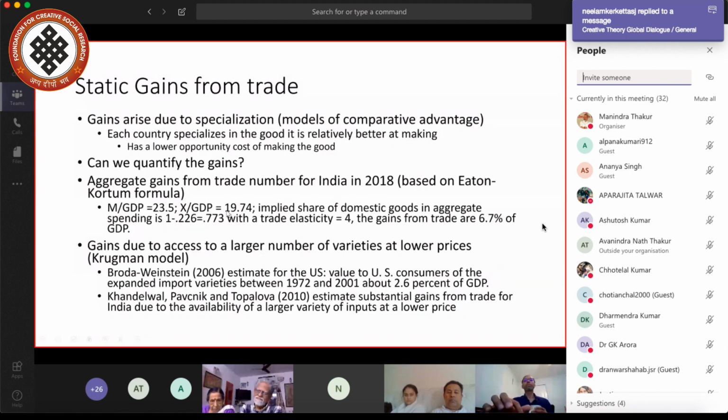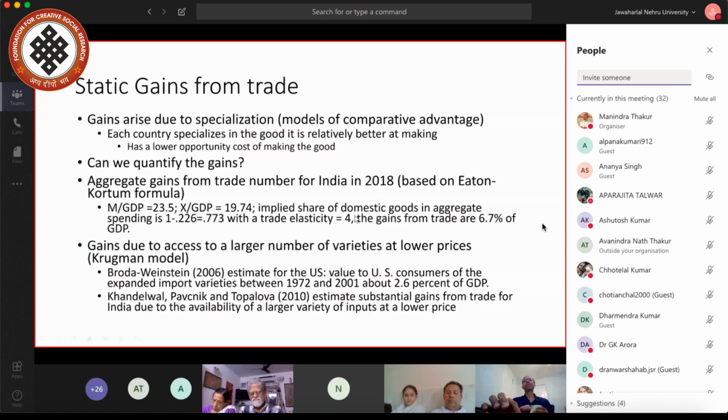Based on these two numbers, you can calculate if an Indian person spends 100 rupees on different goods and services, what part of that 100 rupees is on domestically produced goods and services, and what part is on imported goods and services. And it turns out with these numbers that 77 paisa will be on domestically produced goods and 23 paisa will be on imported goods.